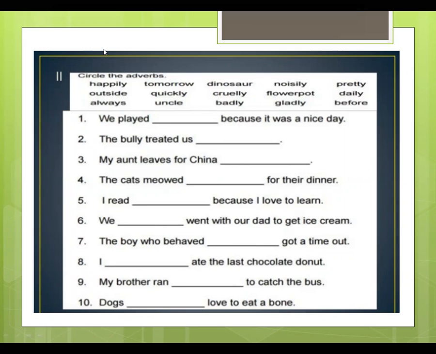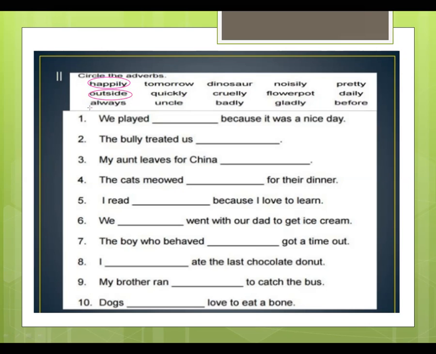So let's check the answers for the first part of this exercise. Circle the adverbs. I will be asking questions to check whether it's an adverb or not. Happily, how did he feel? Happily. Where?